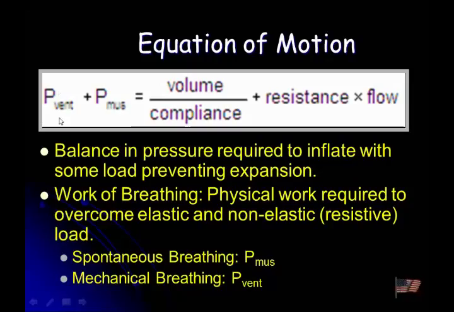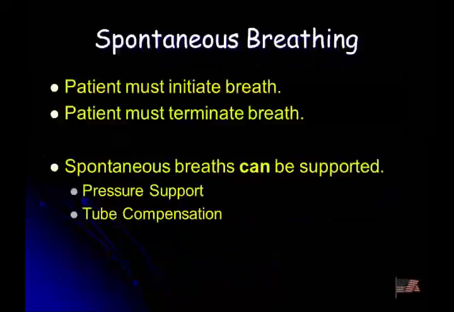Mechanically ventilated patients can actually have both. They can have some component where the ventilator generates a pressure, and at the same time, depending upon how that ventilator is set up, the patient also has to generate some effort. It's kind of a combination of both. But the bottom line is that there's got to be a pressure required to overcome the work associated with elastic and non-elastic things being there.